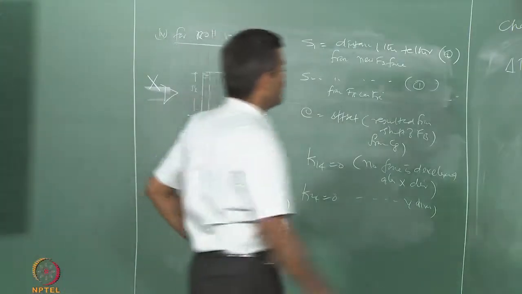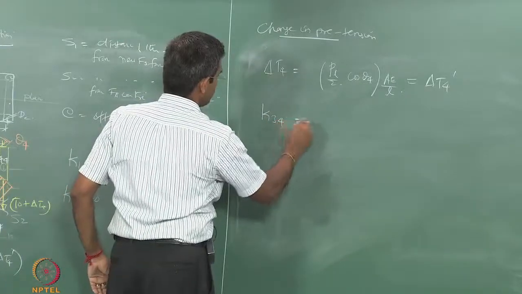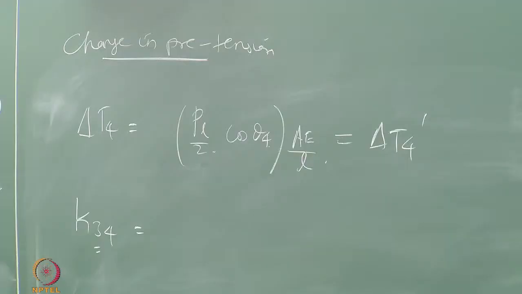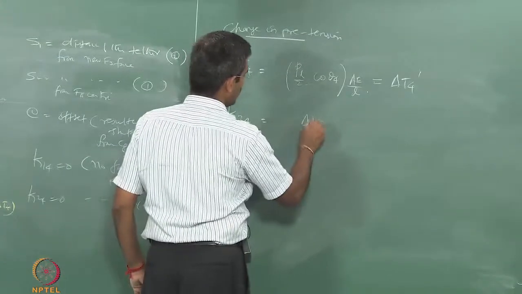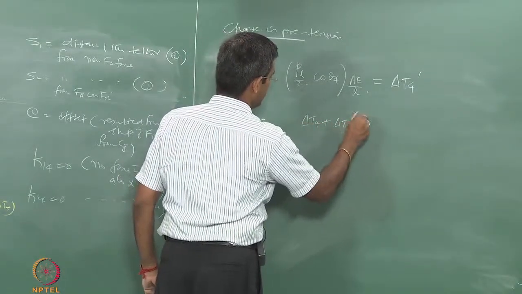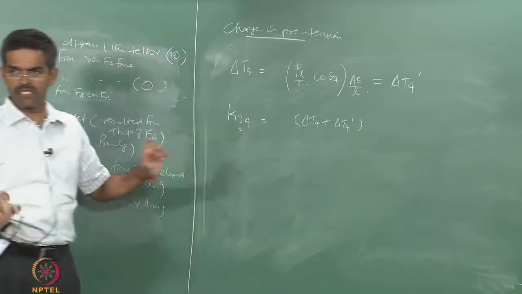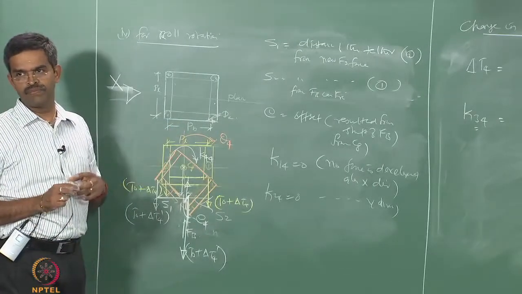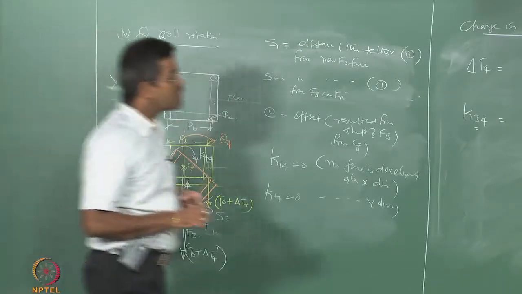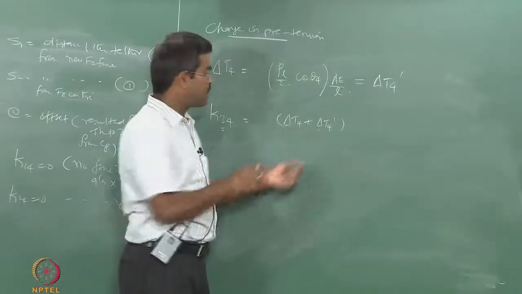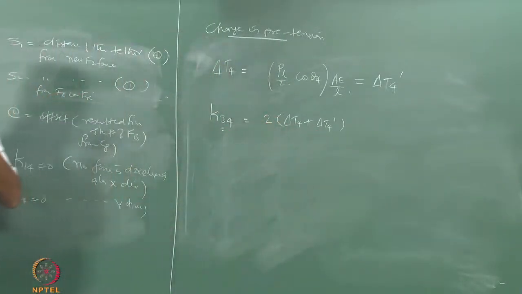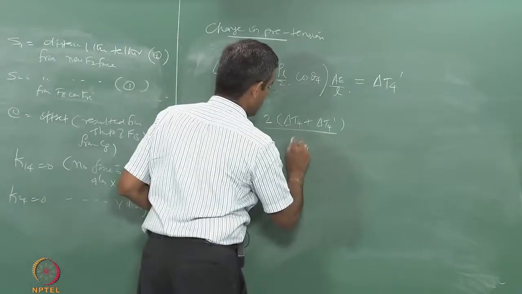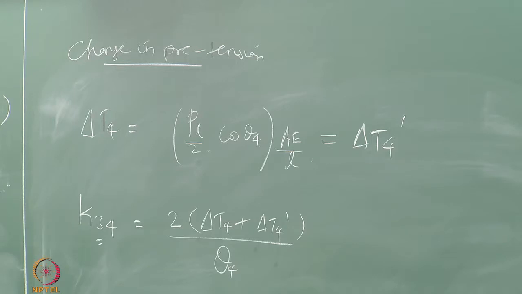So I should now get K34, that is the force in the heave degree because of the roll given in the 4th degree of freedom, which is going to be delta T4 plus delta T4 dash, because this is nothing but the change in tension, that is all, because the change in tension alone is actually rolling the platform. Since I have 2 near tensions and 2 farther tensions, I will multiply this by 2, and I will divide this by theta 4 for dimension symmetry.